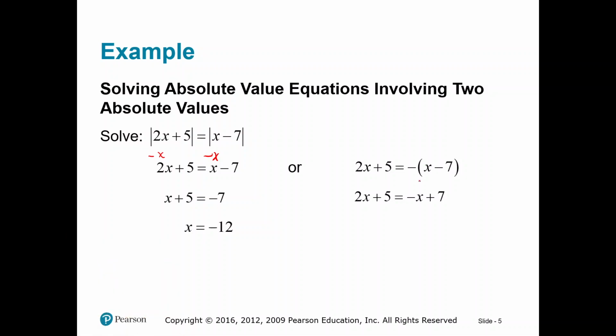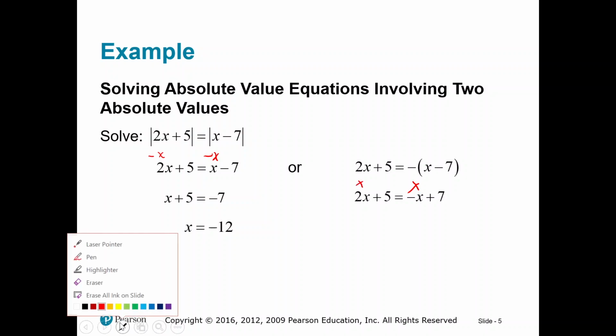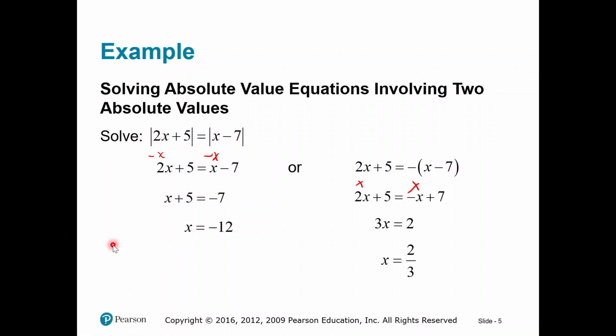So let's plus x, plus x. Therefore, x plus 2x is 3x. x plus negative x is 0. And then we have to subtract the 5.